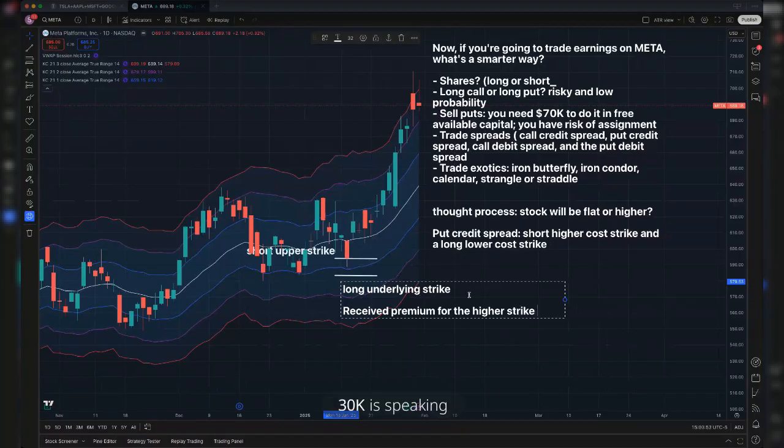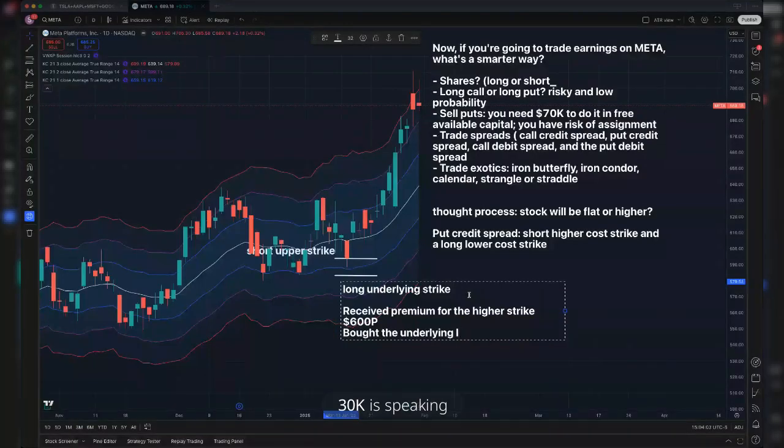So we'll call it the 600p, right? And then you would have bought the underlying long put, and we'll call it, for simplicity, the 590.